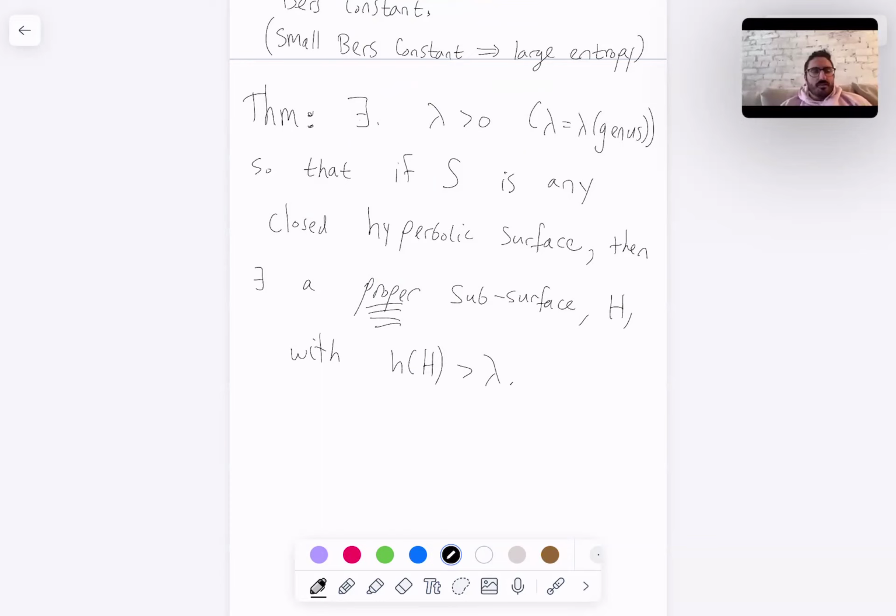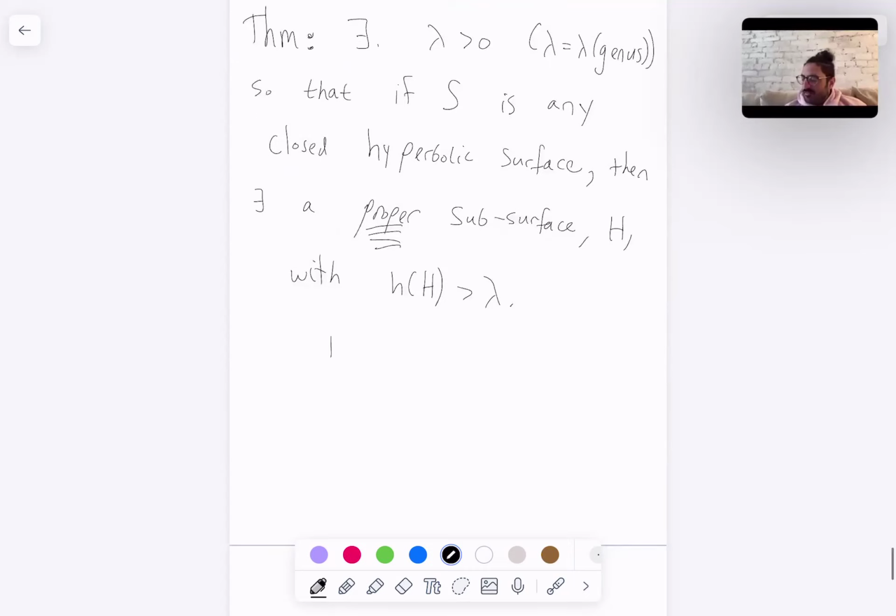I hope this reminds you of something. This is precisely the central question in graphs that we started the talk with a while back, except now it's for hyperbolic surfaces and hyperbolic subsurfaces. And the proof of this theorem is now quite straightforward.